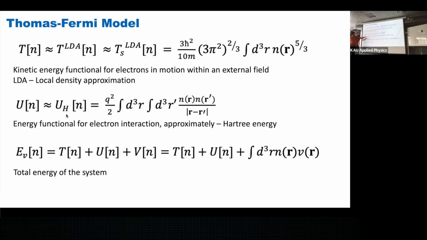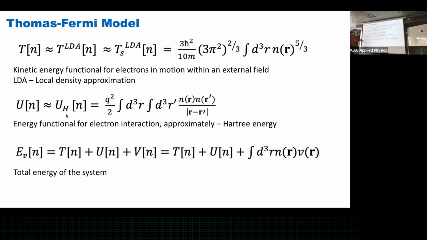The energy functional for electron interactions will be the Hartree energy. Here we have not electrons, but electron densities. It's the same: we have one electron, another electron, represented by electron densities, and that's why we can say that it's just electron repulsion. It's very easy. Kinetic, potential energy.